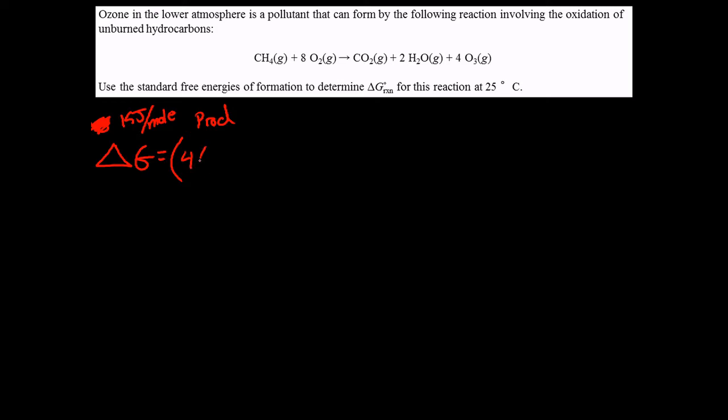So we're going to have 4 times the number for ozone, which if I go back to oxygen, let's see, there's ozone. So delta G value for ozone is 163.2. That is a positive value. So I'm going to add to that 2 times the number for gaseous water, which is negative 228.6.